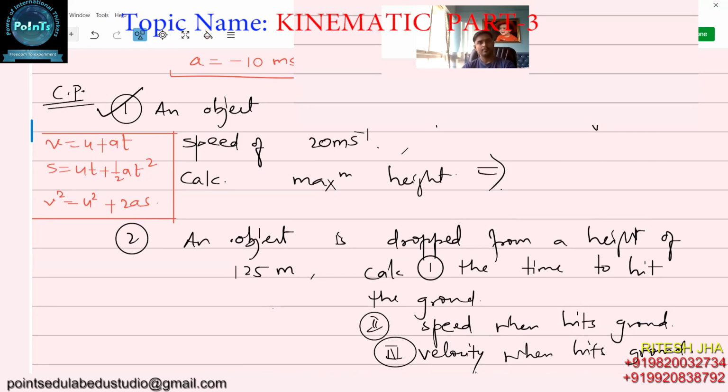That gives us the amount of time until the object stops moving upwards and starts moving downwards again. Oh, and I just realized what my mistake was. It's negative 10, which means it should have been 20 meters. So basically, the answer will be 20 meters.